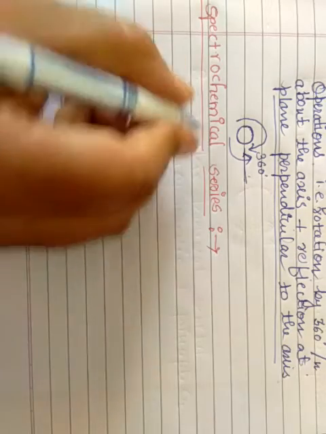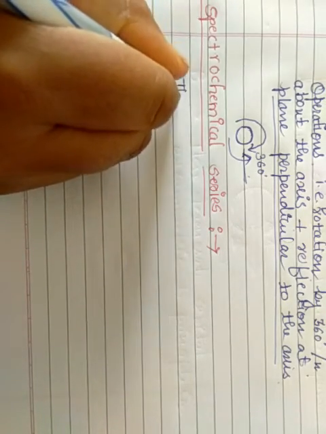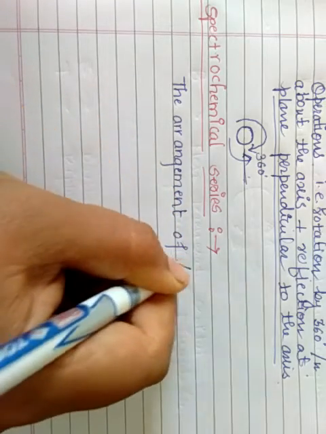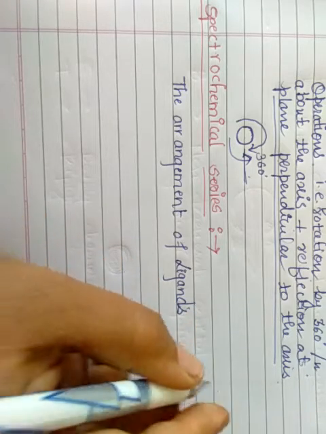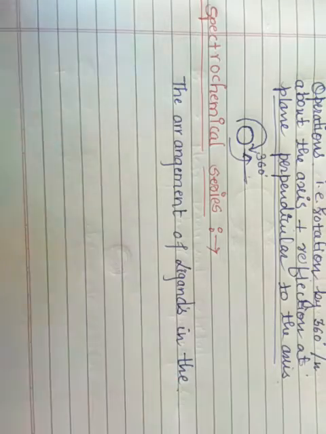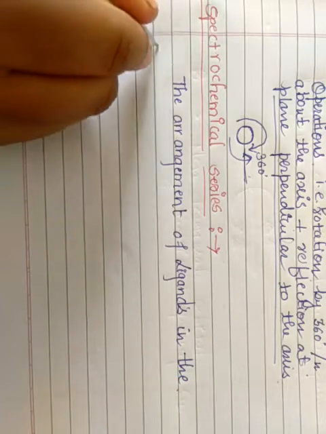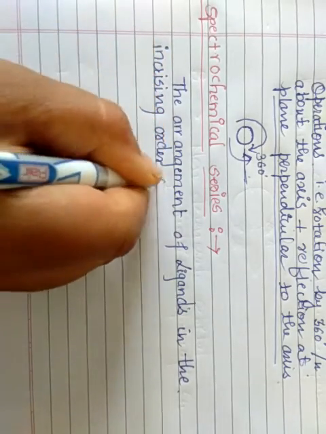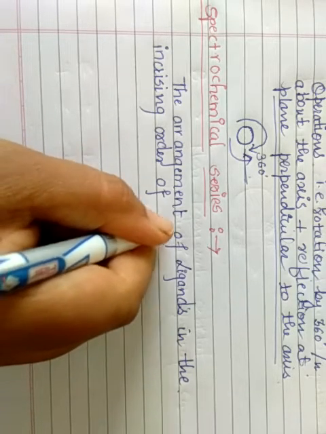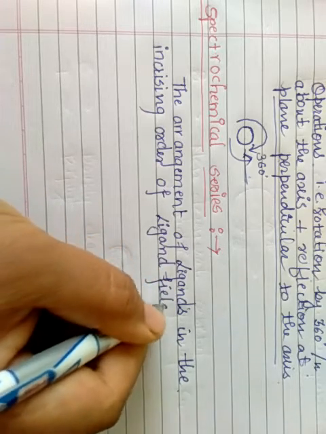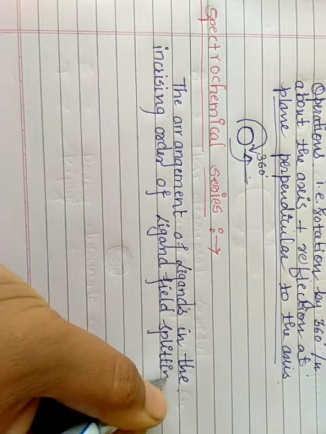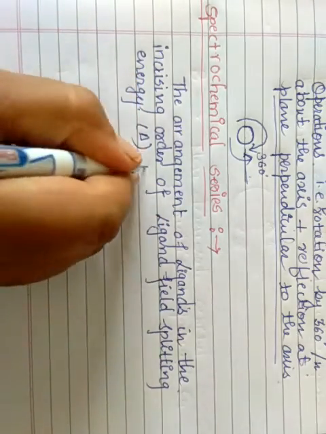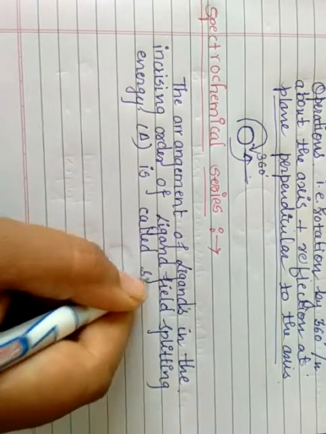The spectrochemical series means the arrangement of ligands in the increasing order of ligand field splitting energy, that is delta.